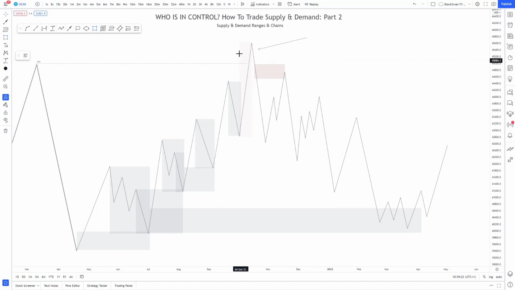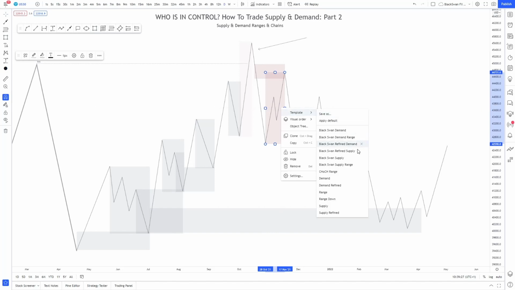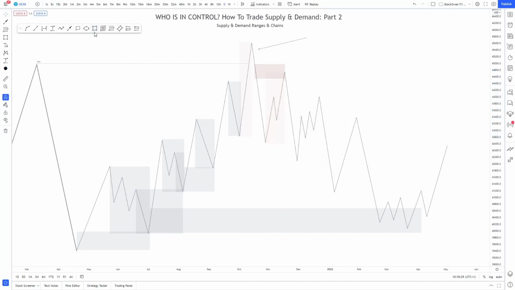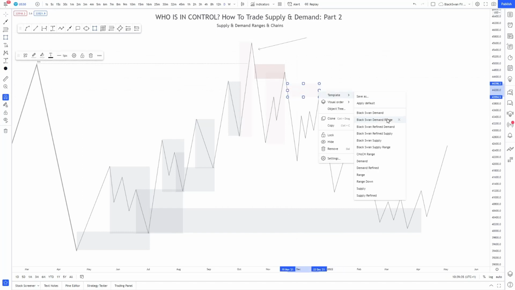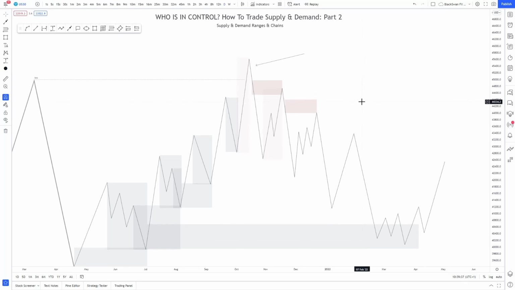And as we can see, so we have a supply range built here, then they will print another supply range here, and then maybe we have a supply zone here, and what we're starting to print here is a supply chain. So the chain is this sequence of mitigations within S&D zones.